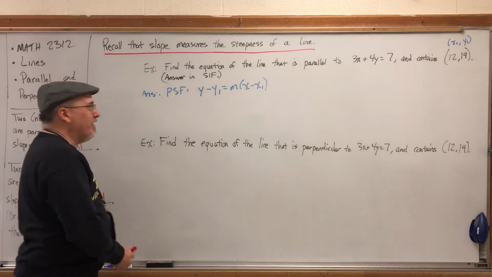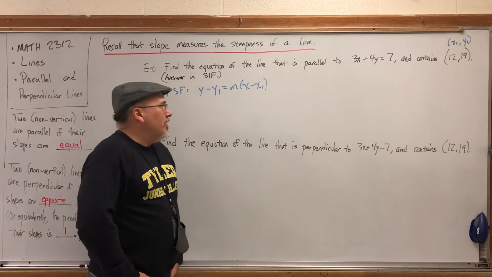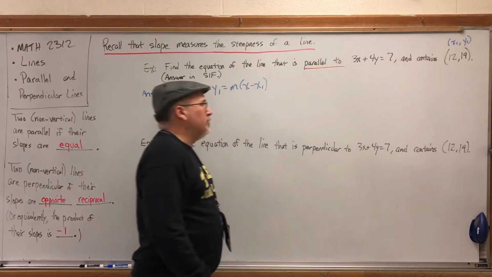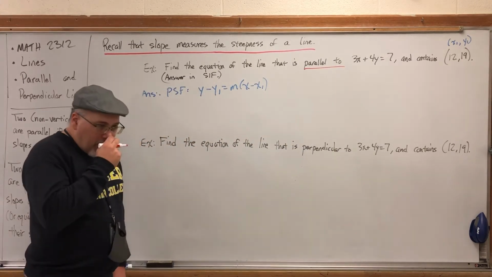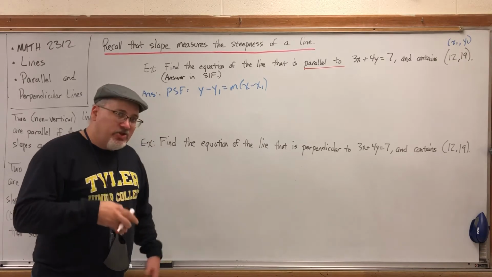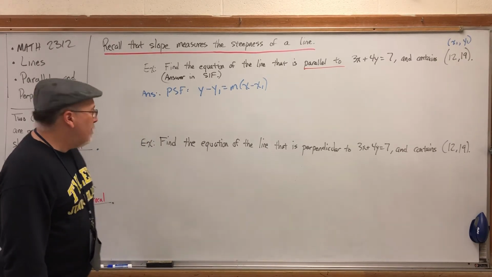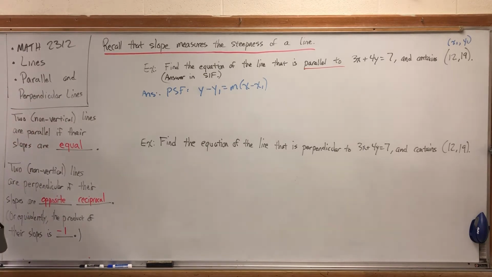Well, by taking advantage of the fact that the line that we're looking for is parallel to 3x plus 4y equals 7. When you're writing equations of lines and you're given a parallel line, you can actually replace the phrase "parallel to" with "has the same slope as."